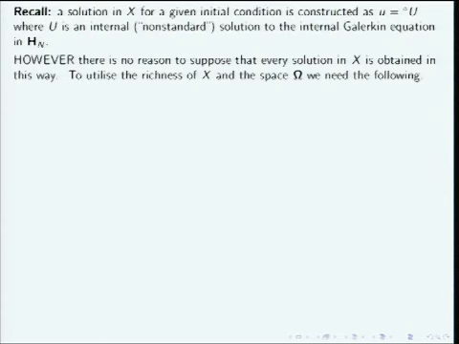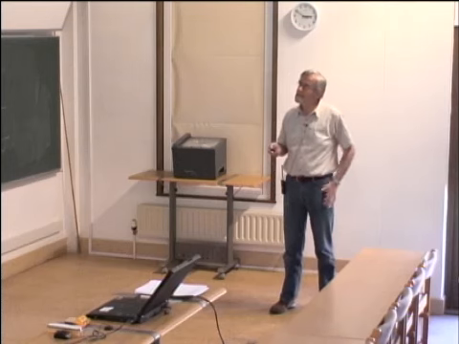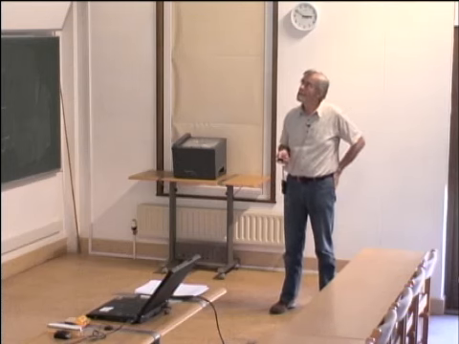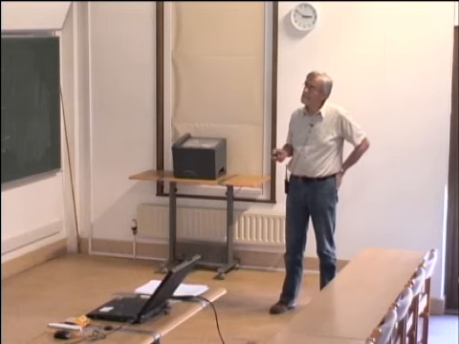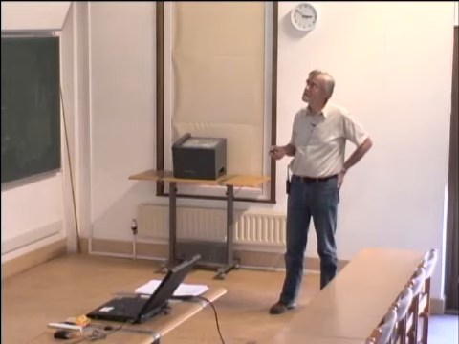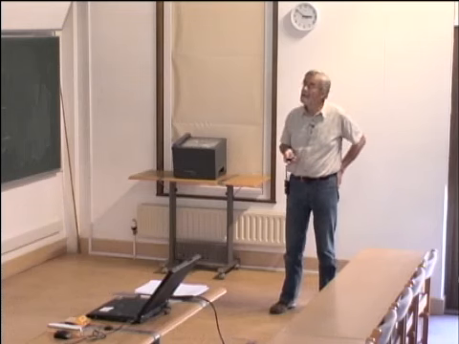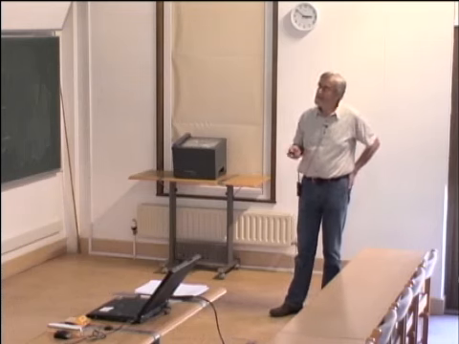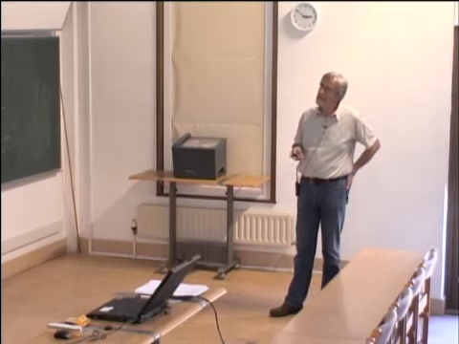But we do want to make use of the richness of the space and the set X that we've got. So what we have to do is to define internally or non-standardly a class of approximate solutions. So these will be U's that are not necessarily solutions of the non-standard SDE, but approximate solutions. And here's the idea. I won't go through all the details, but here's a couple of examples.